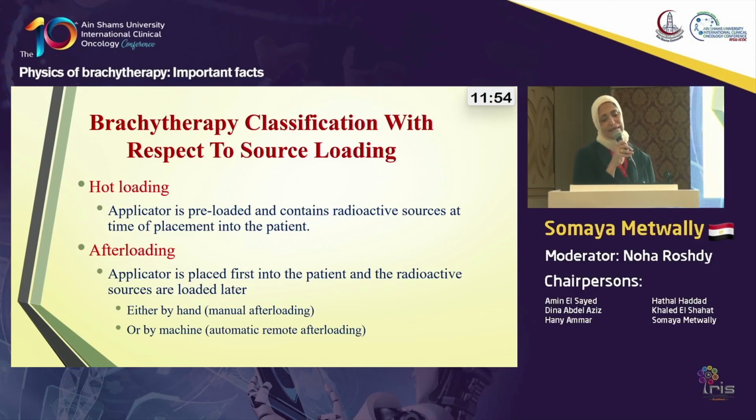The other one is afterloading, which means the applicator is placed first in the patient and then the source enters the patient. This can be done by hand, which is manual afterloading, or by machine, which is automatic remote afterloading. And this is the type of brachytherapy we do now.